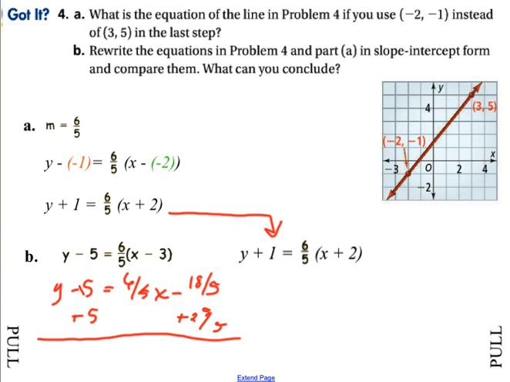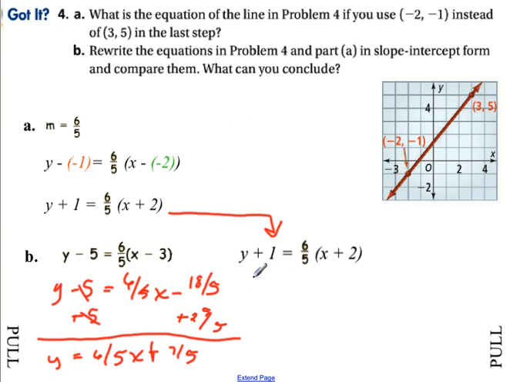And our 5's cancel here, and we end up with y equals 6/5 x, and we had 25/5, so that's actually going to be a plus. We should get 25 minus 18 is 7/5. Kind of sloppy, sorry about that.